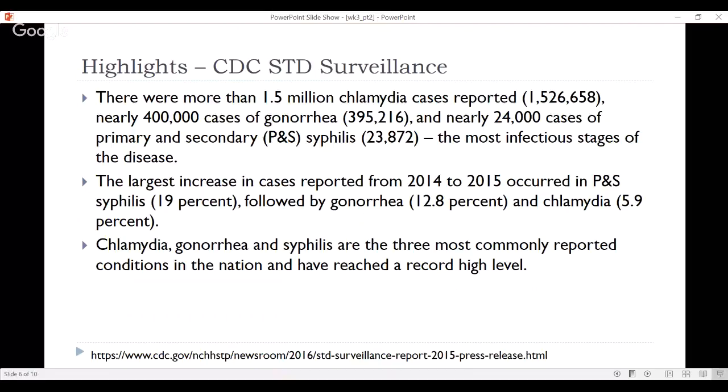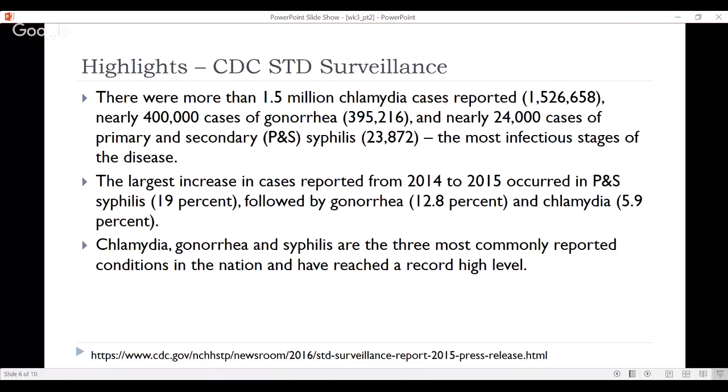The largest increase in cases reported from 2014 to 2015 occurred in primary and secondary syphilis. There was a 19% increase in the number of cases reported, followed by gonorrhea with a 12.8% increase, and chlamydia with a 6% increase. These three conditions are generally the three most commonly reported conditions in the nation, and they have also reached a record high.